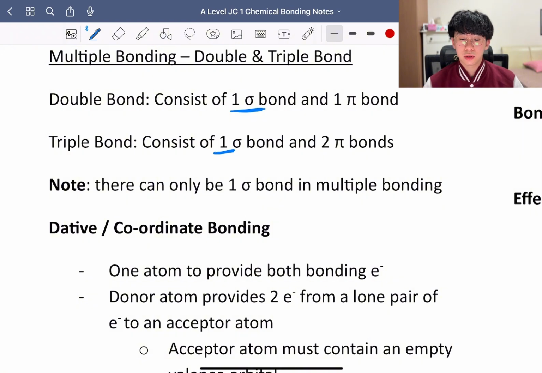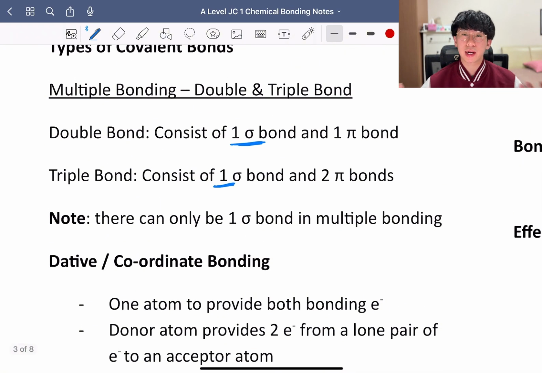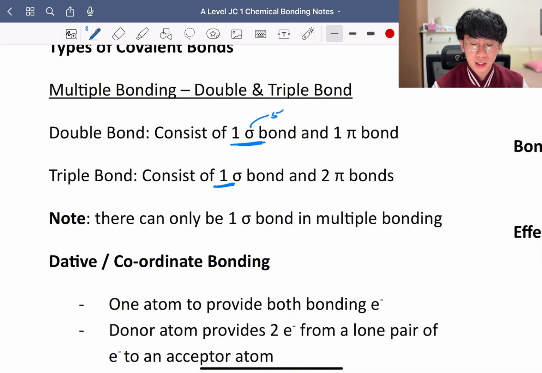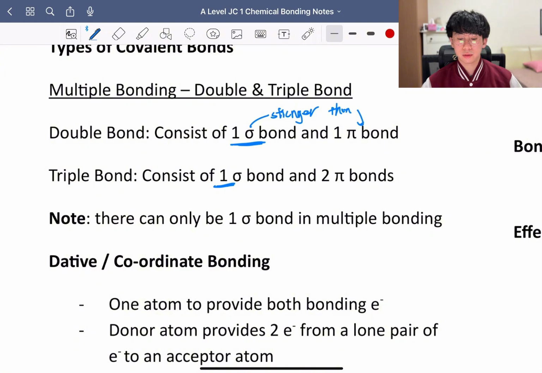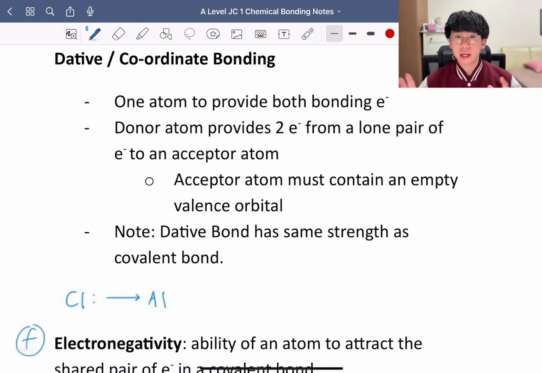And why I bring up the fact that the side-on overlap is weaker, is because in general, within the whole double bond, not all the bonds are of equal strength. You will see that the sigma bond tends to be stronger within the same molecule compared to the pi bond.